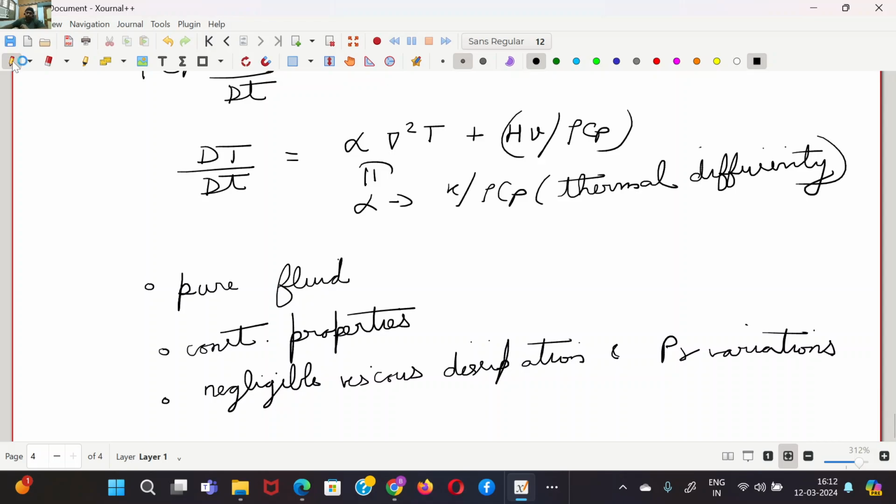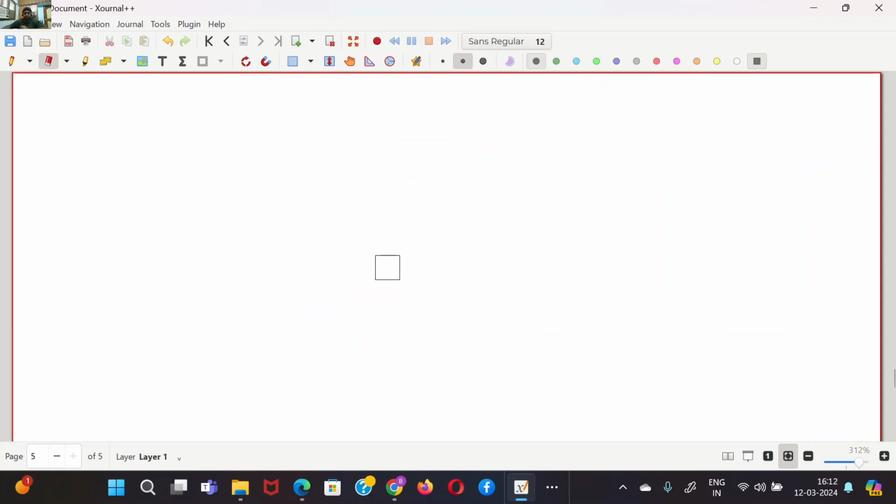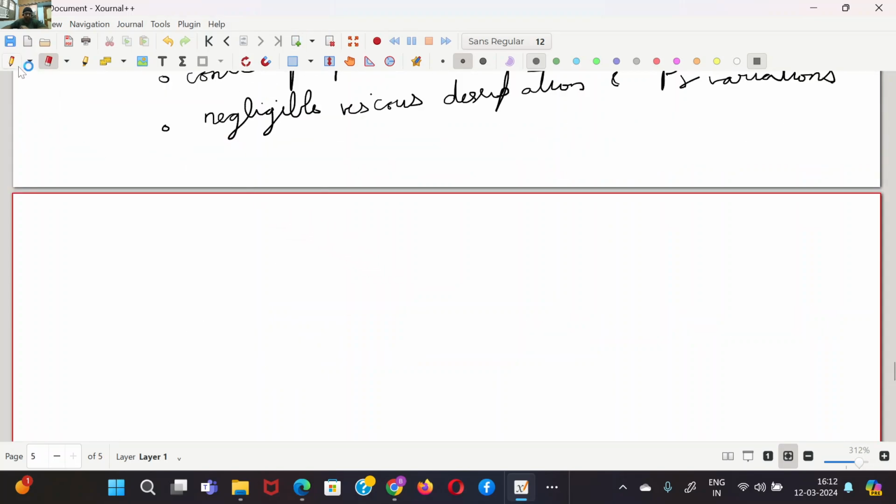Viscous dissipation, as we saw, goes as mu times the velocity gradient squared. If you check the Bird, Stewart and Lightfoot Appendix B, you'll have the viscous dissipation terms. So these are a few of the assumptions.